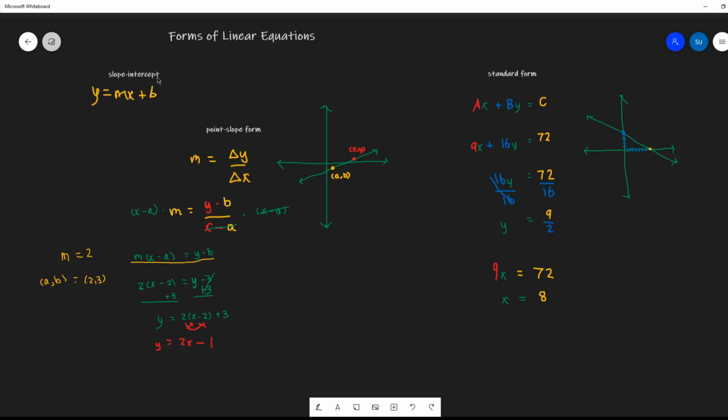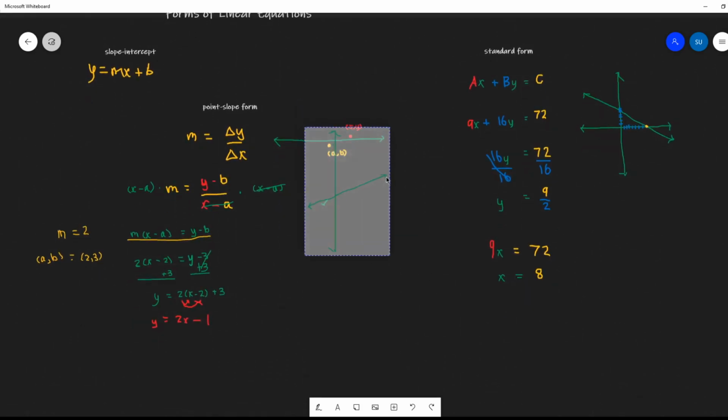You can't really convert slope intercept form into point slope form because of things like x minus a and y minus b that you can't really derive from that. But you can get standard form into slope intercept form. I think you could get point slope form into standard form as well. Yeah, you could.